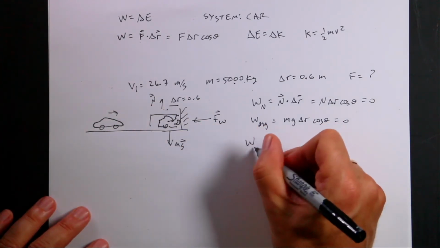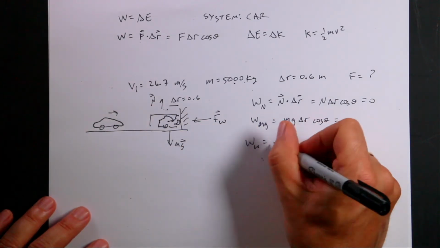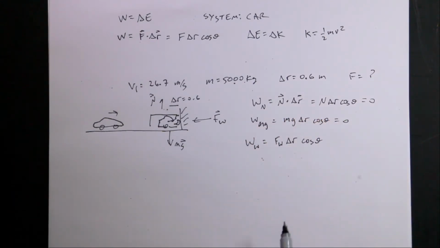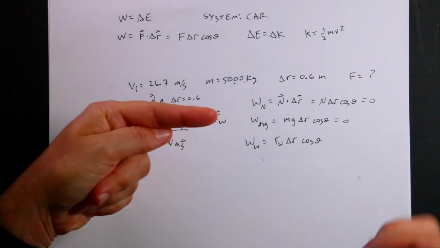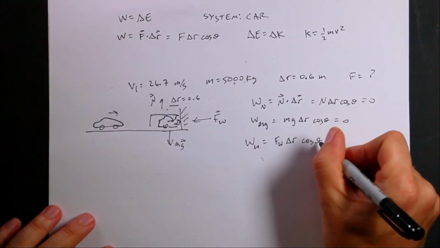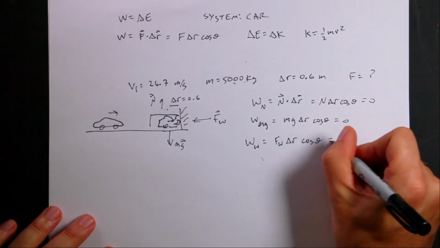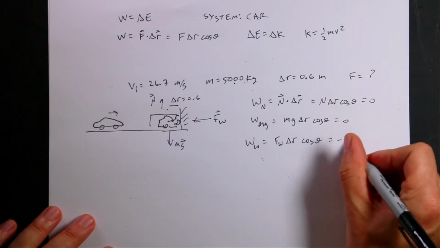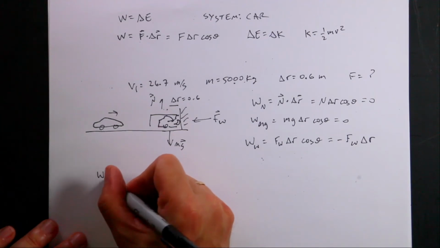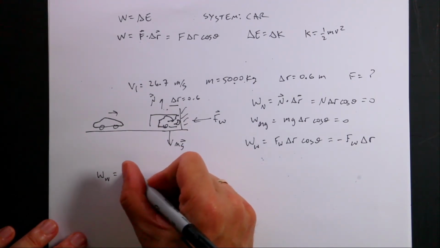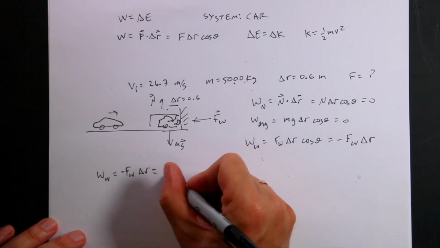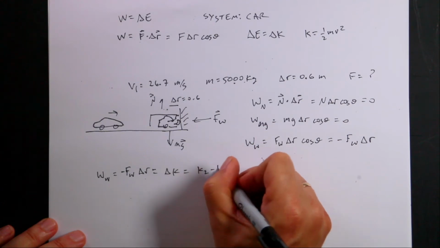So the work done by the wall is going to be F wall delta R cosine theta. So what's the angle between this displacement and that force? And the answer is 180 degrees. And the cosine of 180 is -1. So this is going to be negative F wall, and that's the magnitude of the F wall, delta R. The work done by the wall is going to be equal to negative F wall delta R equals delta K equals K2 minus K1.